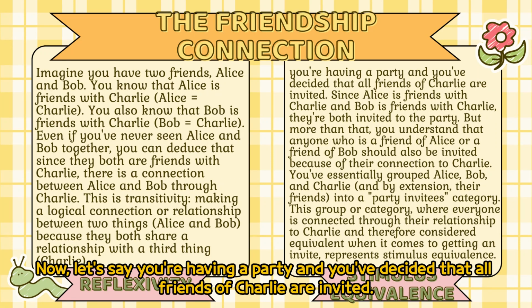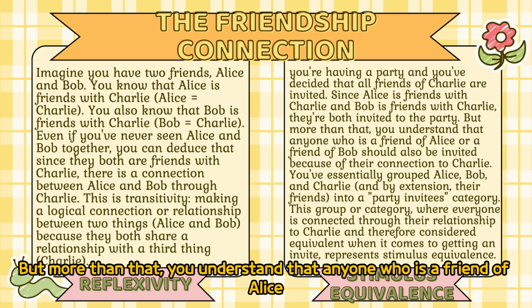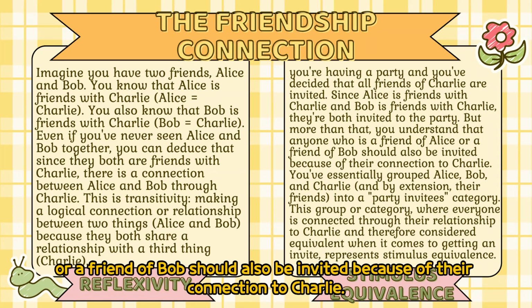Now let's say you're having a party and you've decided that all friends of Charlie are invited. Since Alice is friends with Charlie and Bob is friends with Charlie, they're both invited to the party. But more than that, you understand that anyone who is a friend of Alice or a friend of Bob should also be invited because of their connection to Charlie.